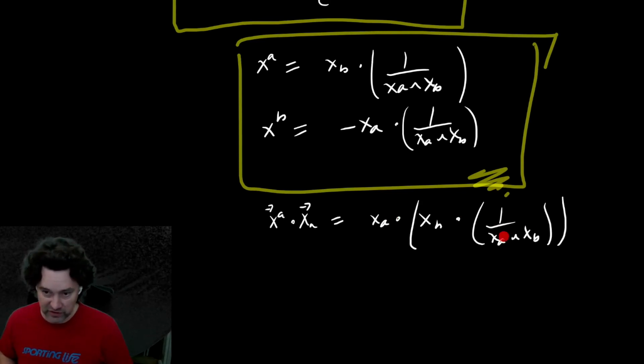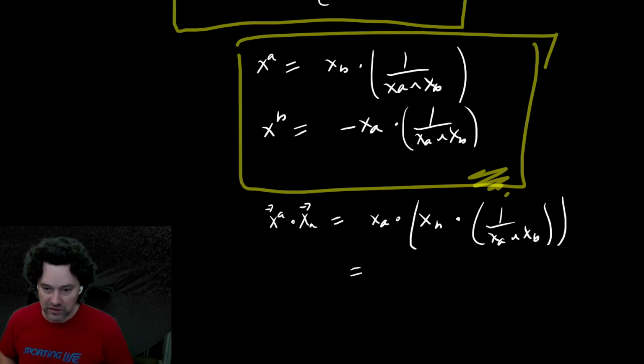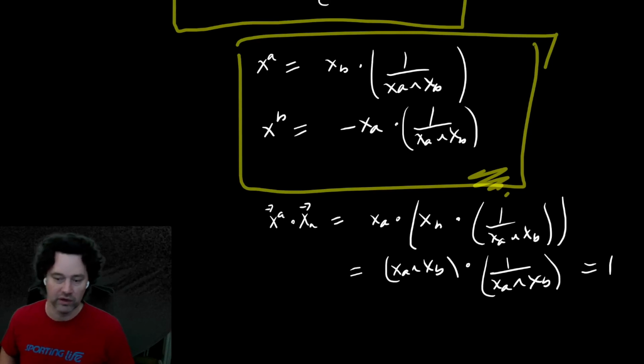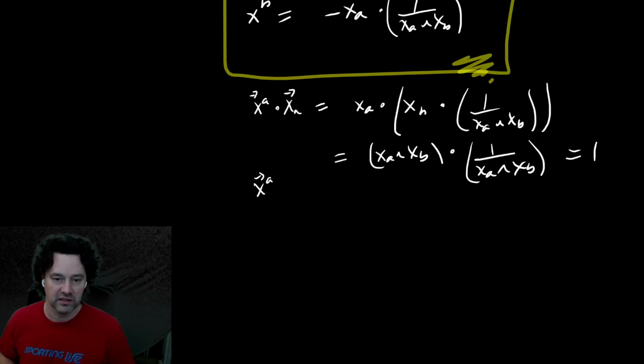This is a bivector. Bivector dotted with a vector dotted with a vector. That is just the bivector. That is the same as xa wedge xb dotted with the inverse of xa wedge xb. And what do you know? We have 1.